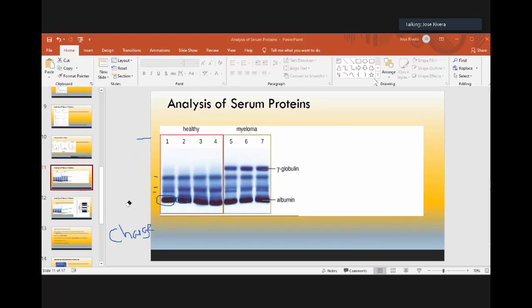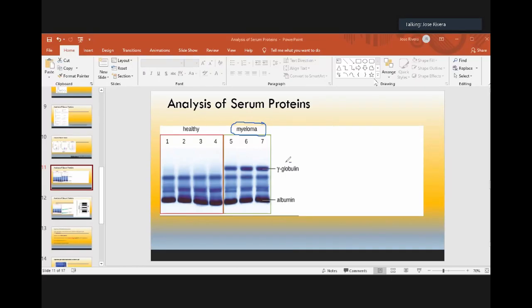Okay, so this is an agarose gel. The one here on the right, this is the one that has myeloma. As you can see here, everything runs almost the same, except the gamma globulin, it's increased in concentration here.